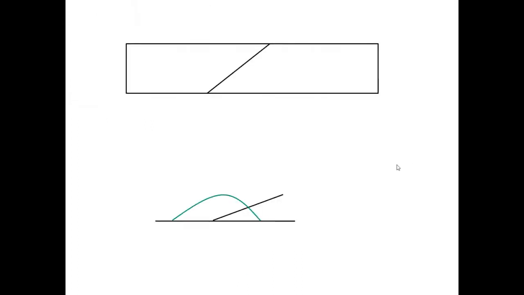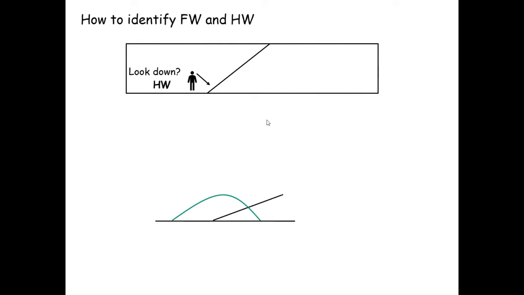There's a couple of ways that we can go about trying to determine which is the hanging wall and which is the footwall. On the top here, I have a figure, and on the left side of the fault plane, this person is looking down at the fault plane. If that is the case, then that person is standing on the hanging wall since that person is above the fault plane.